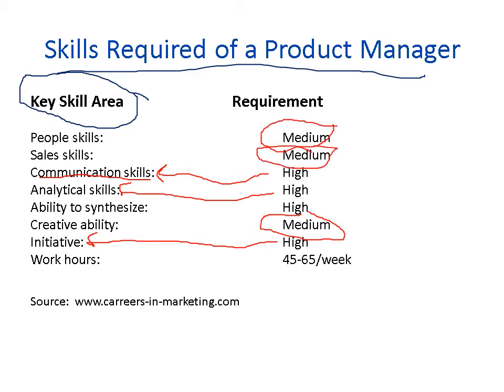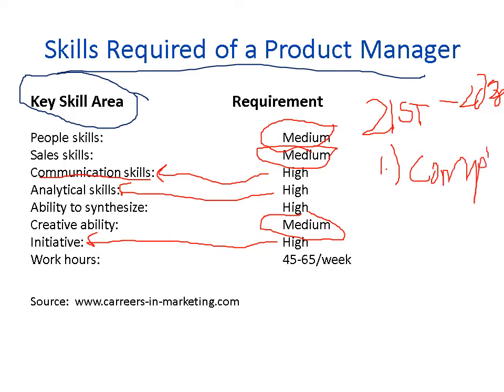Unlike today, in the 21st century, these are the skills that employers are looking for from fresh grads. Number one, in the year 2020, top three: an applicant should have complex problem-solving skills.